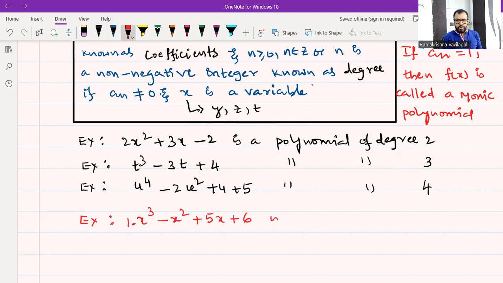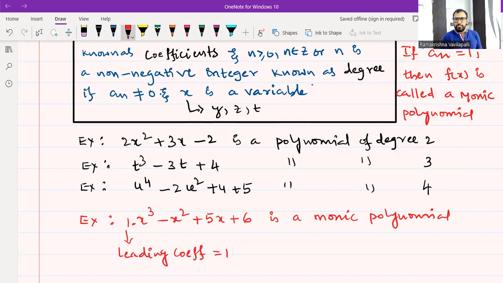So it is a monic polynomial. Here the leading coefficient is 1. This is known as the leading coefficient equal to 1, meaning the coefficient of the highest power of x.